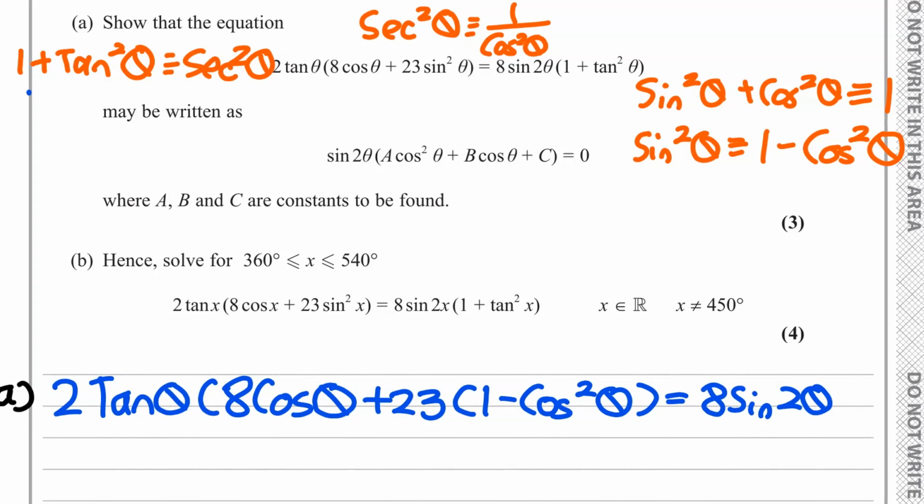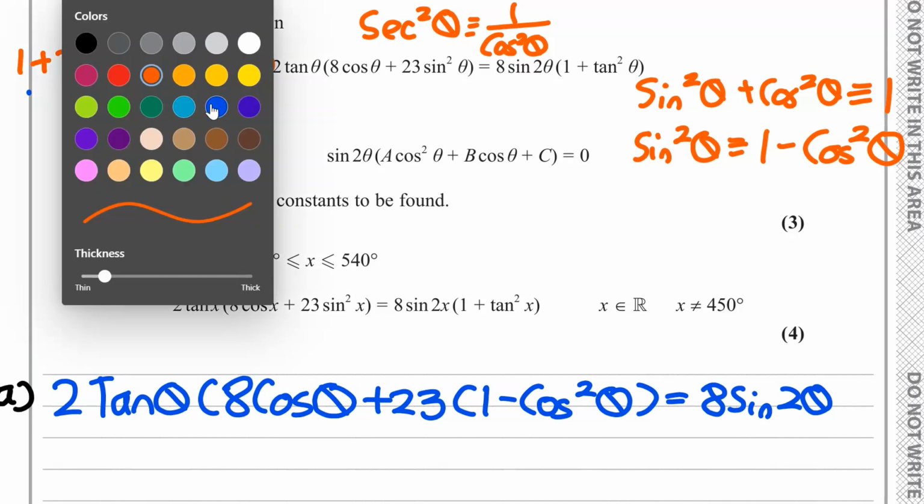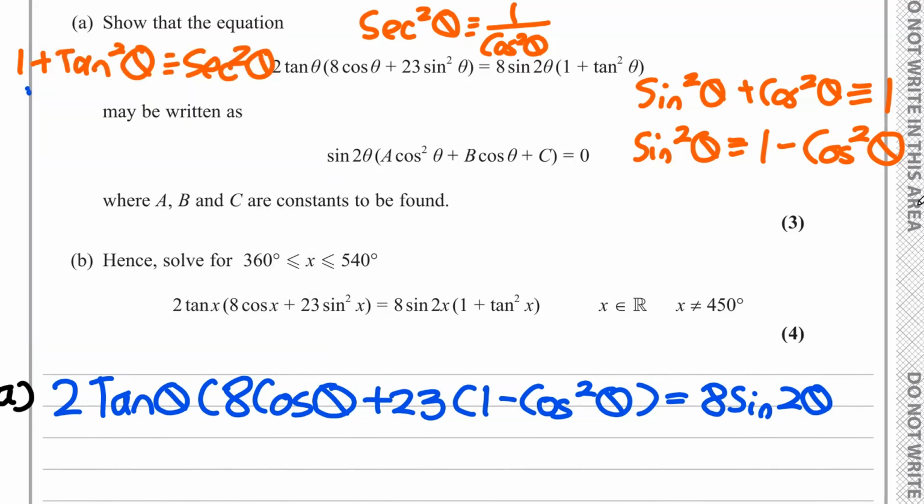We do want cos thetas in the final answer, so we could represent it in that form later. So let's sub in sec squared theta for the 1 plus tan squared theta. Therefore it's going to be 8 sin 2 theta, and instead of this here, it's now going to be sec squared theta like this here.